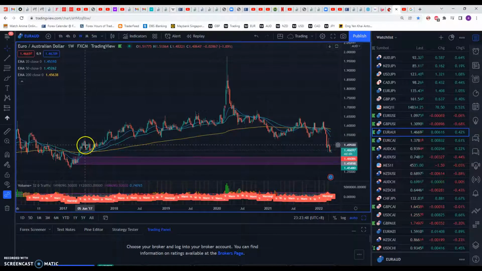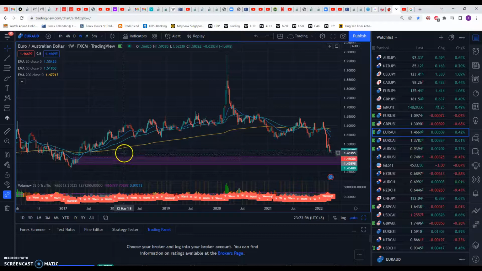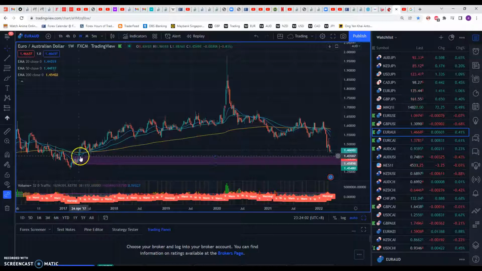So probably this level is weakened, I would say, and there is still room to sell towards these trap sellers right here.